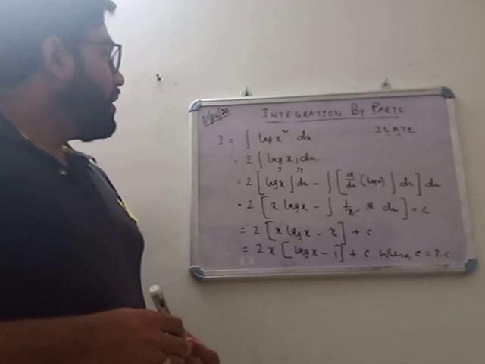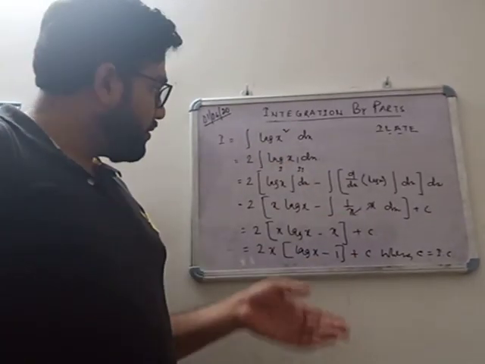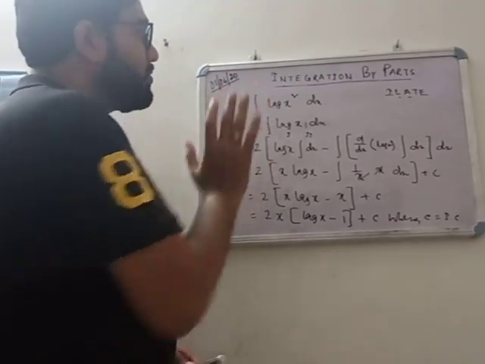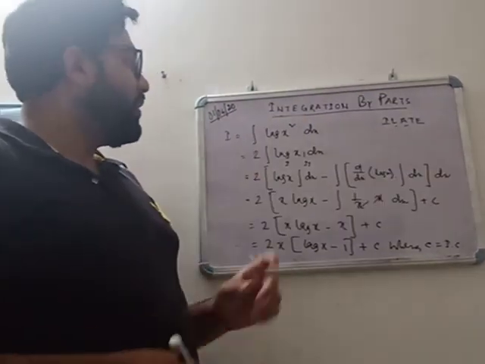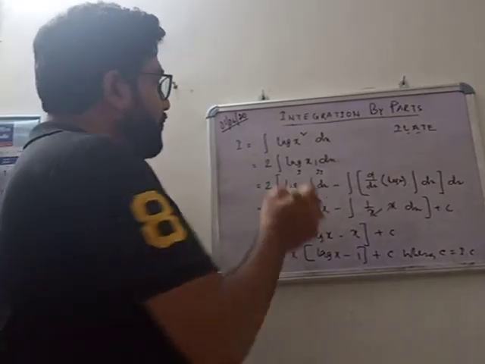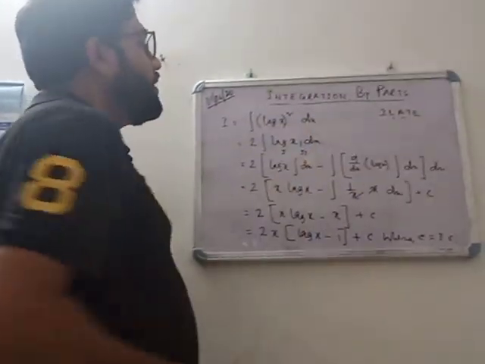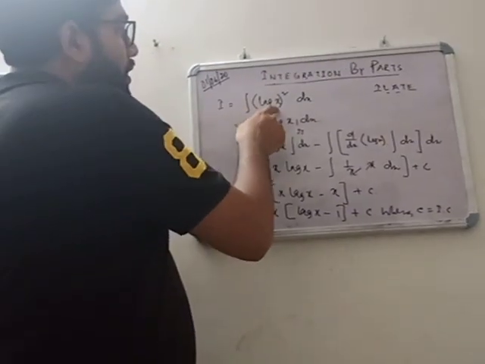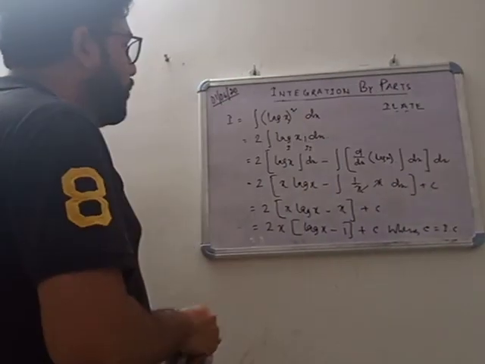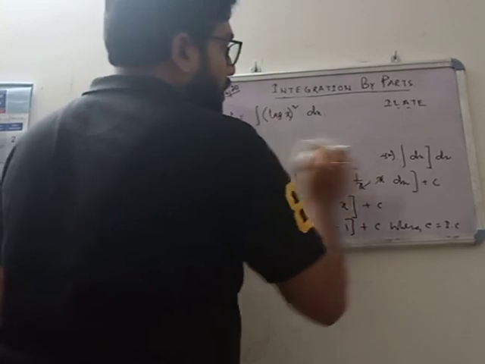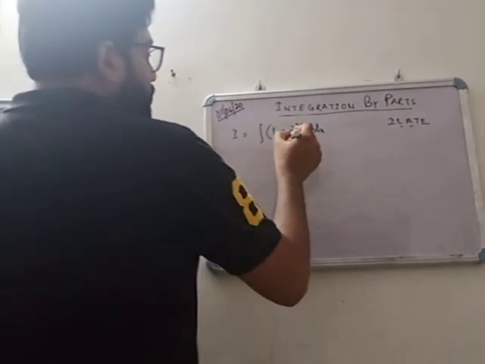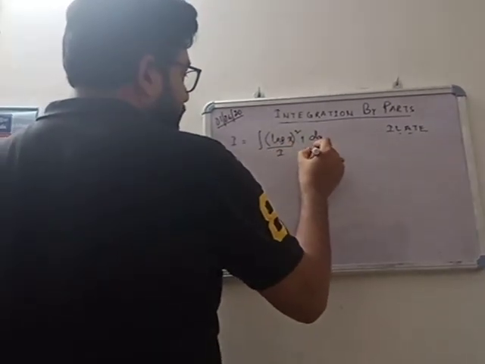Okay. So if only log x is given, you can just follow the same without the 2. So we can find the log x only. Otherwise log x square, that means 2 log x. Okay. Now see that if log x whole square is given, then we can do the same process, but this is the first function, this is the second function.